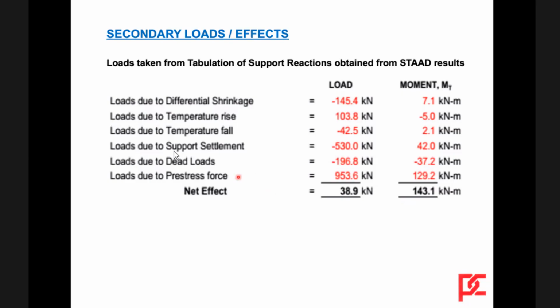And the pre-stressing force, once the structure is made continuous, also exerts some vertical load because of the loss of pre-stress. All these things are summarized, and that effect also is taken in the design of the substructure and the foundation.